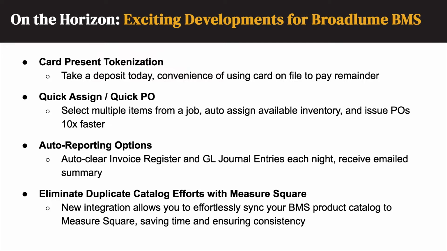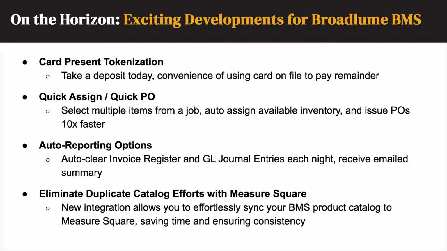Next up is the quick assign and quick PO. This is something that I've recently been keyed in on, is that there's just this aspect of going through and assigning inventory on these line items, and it's super painful. It takes like 7 clicks for each line item. It's pretty miserable. So this will allow you to basically do it 10 times faster.